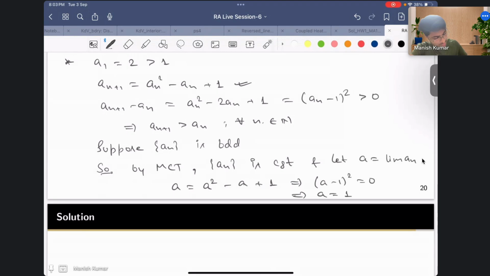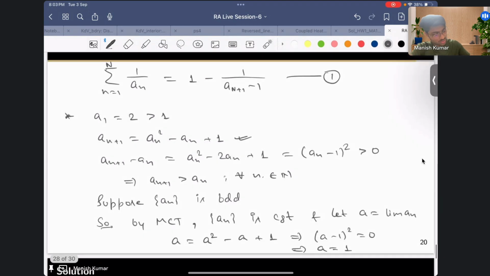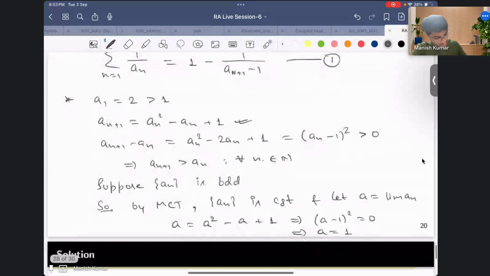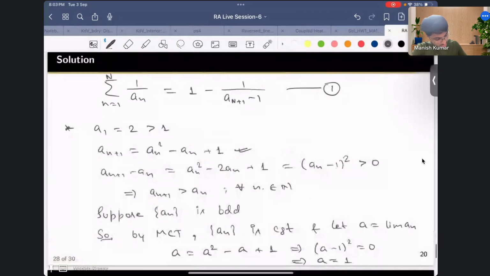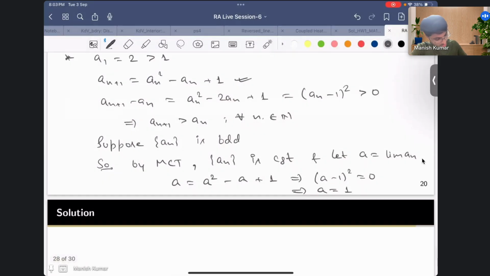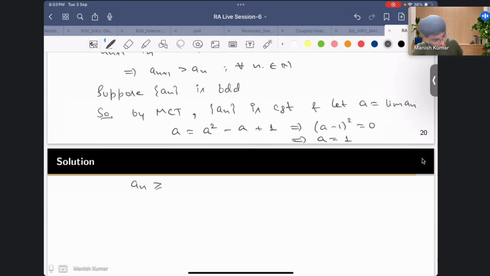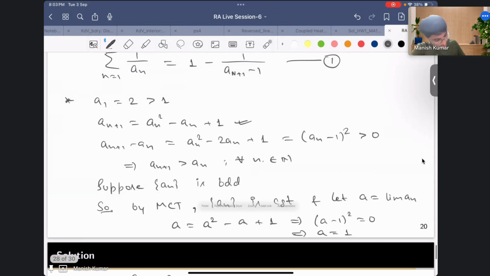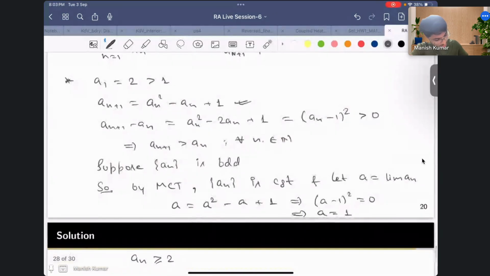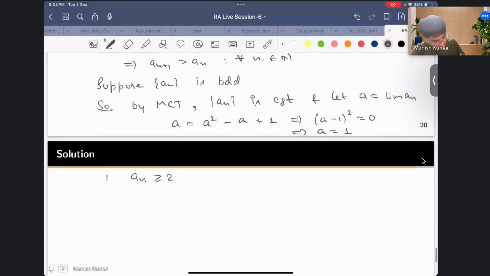But this is not possible, right? Because I know that each a_n is greater than or equal to 2 for all n, and this implies that a should be greater than or equal to 2, and this contradicts a = 1. So 2 and 3 contradict each other, and the sequence cannot be bounded.